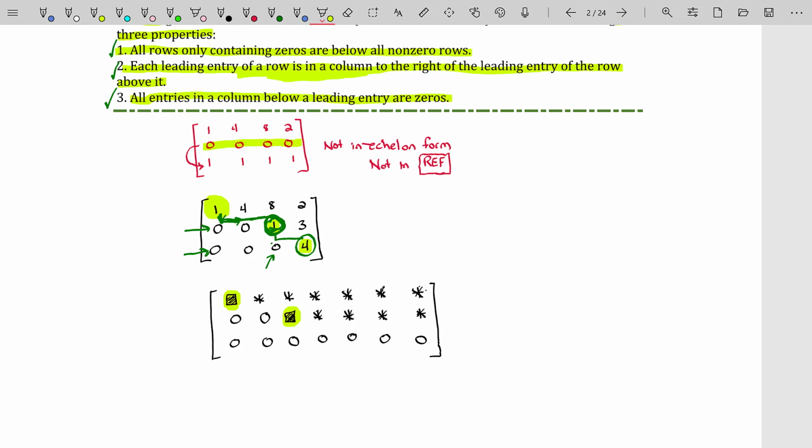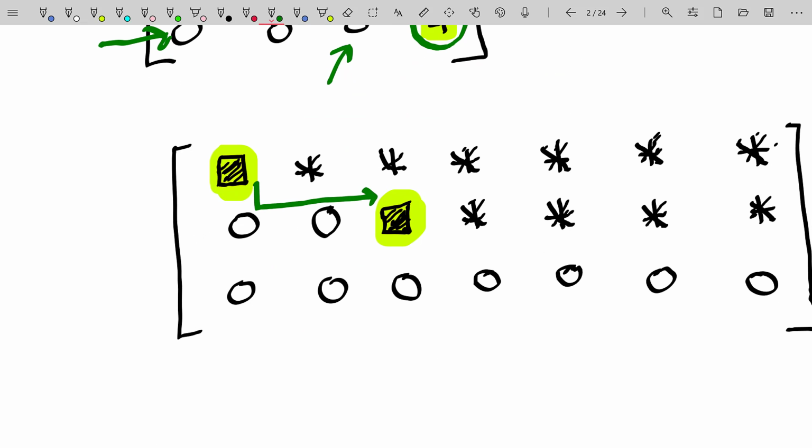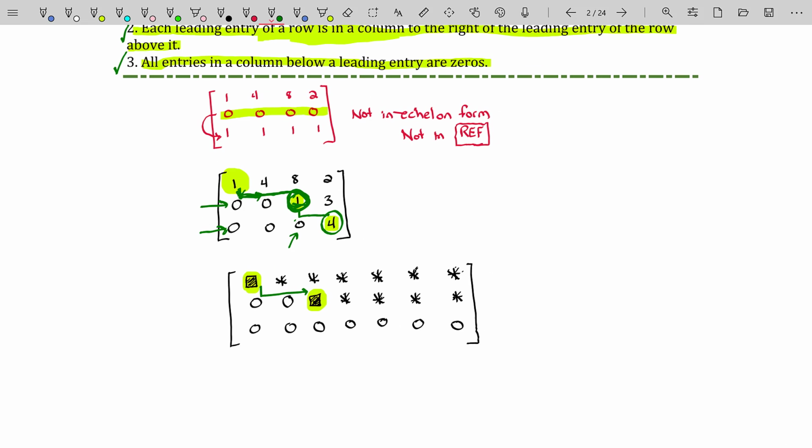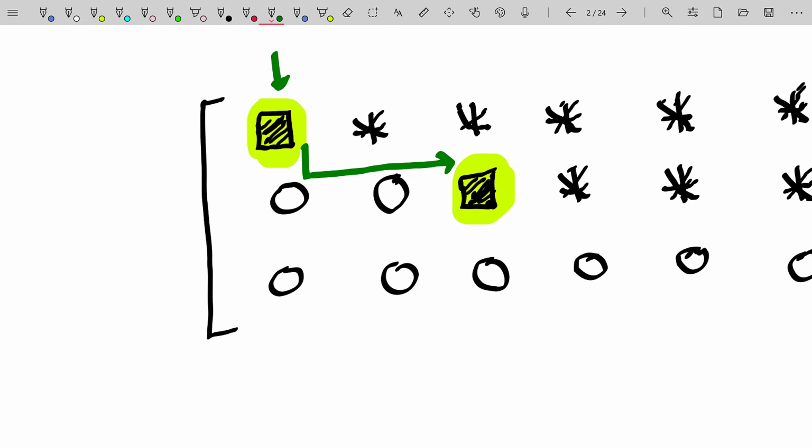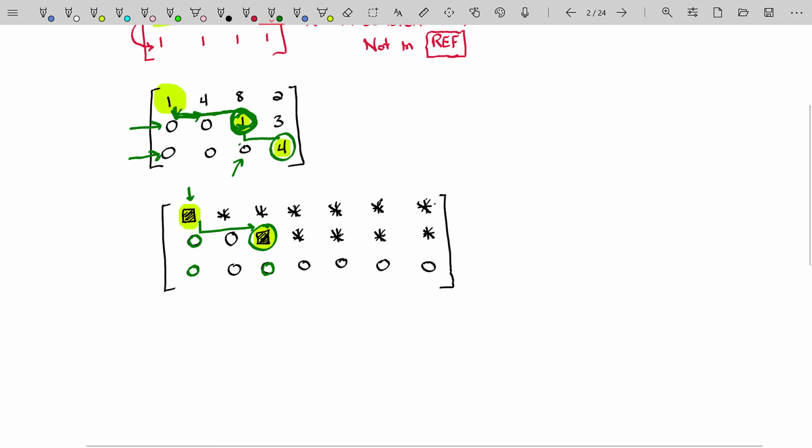The second condition is that each leading entry of a row is in a column to the right of the leading entry above it. And that's exactly what you see right here. Let me zoom in. And then finally, our third condition, all entries in a column that are below a leading entry must be 0. So again, here's a leading entry, and notice everything below it is 0. Here's a leading entry right here, and notice everything below it is 0. So this matrix would be in row echelon form.